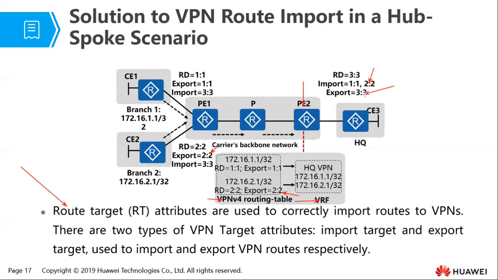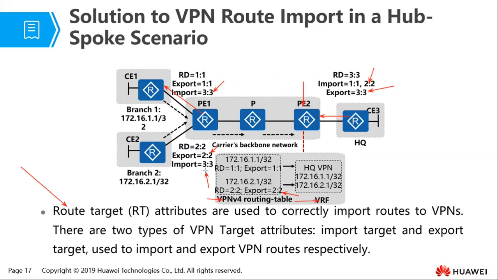Now, on this one, we've used export 3:3 in the headquarters, meaning when the headquarters advertises any routes, it's going to have an export of 3:3, and this one is going to import it because we've configured an import route target of 3:3.